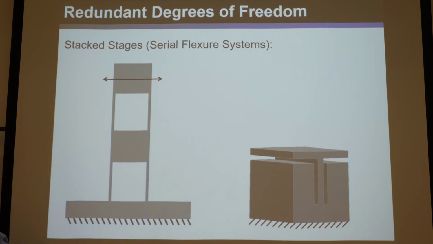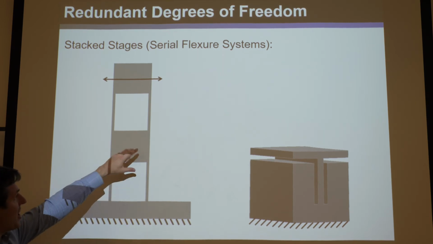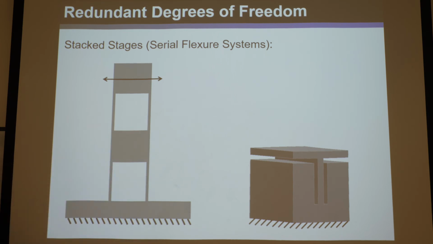So usually with flexure systems, all you care about is the stage, the final system. Usually you have your actuators, your sensors on that, and you're moving around. And you only have intermediate bodies with flexures connecting things in series just to constrain things to move the way you want, right?